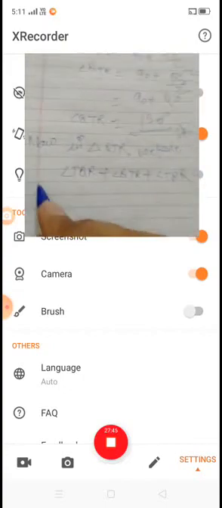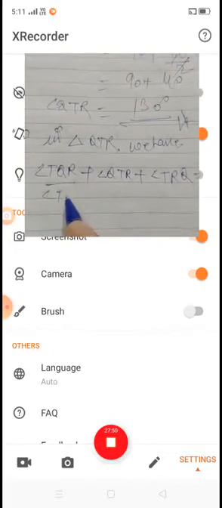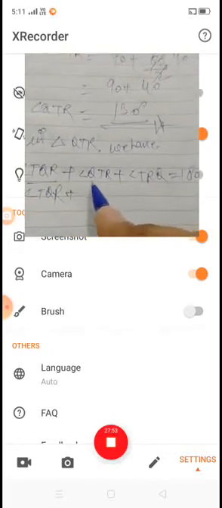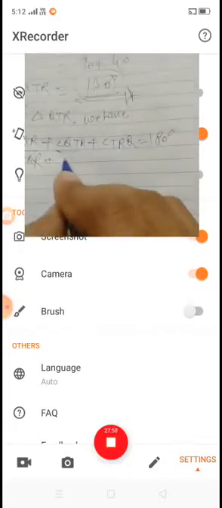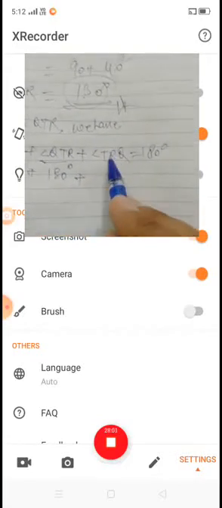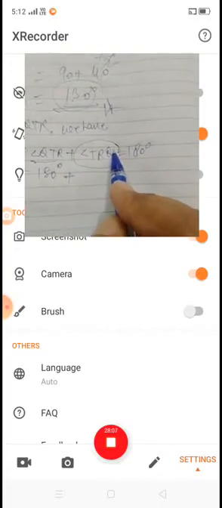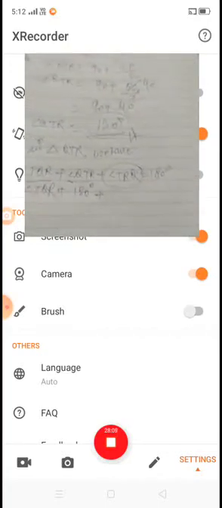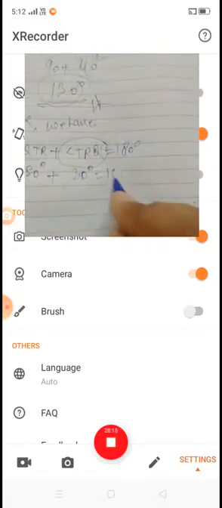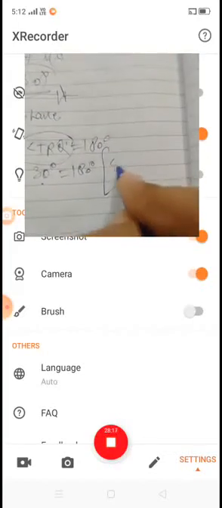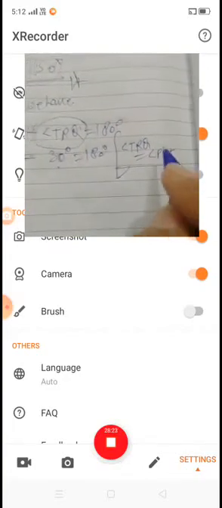Now put all the values. We write as it is angle TQR plus angle QTR, which is 130 degrees, plus angle TRQ, which is 30 degrees, because angle TRQ is equal to angle PRT, as they are bisectors of an angle, is equal to 180.